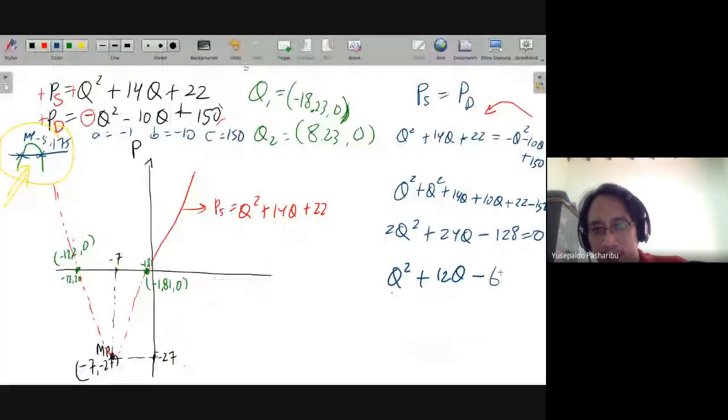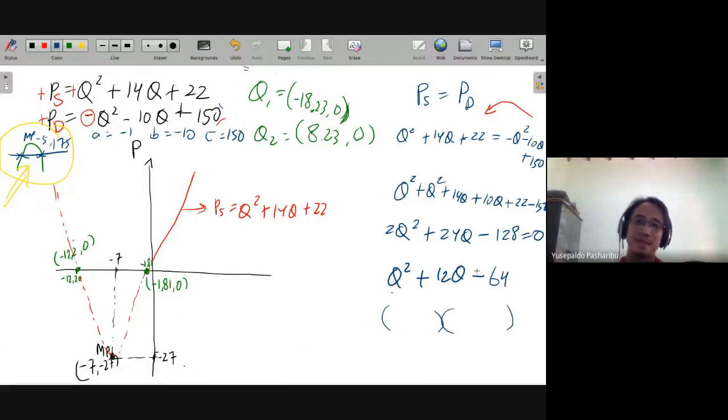Anyone, can you create the factorization of this? Q and Q, and then let me try. Q and Q, and then 64 and 12.